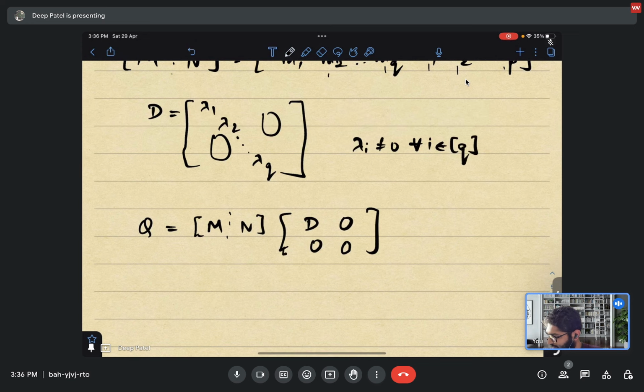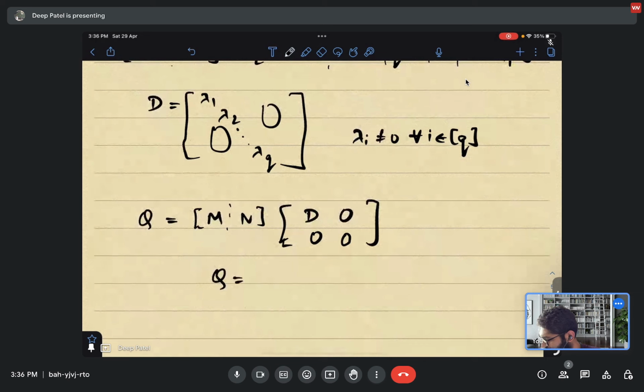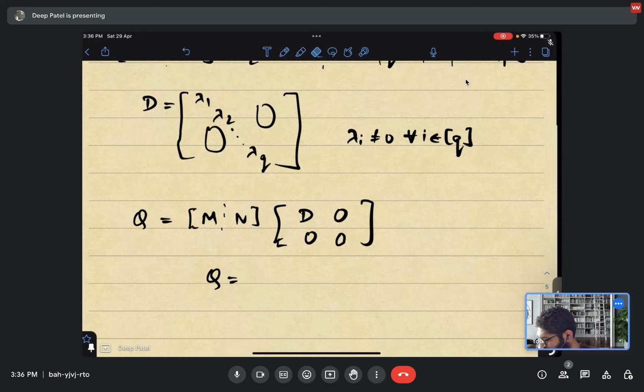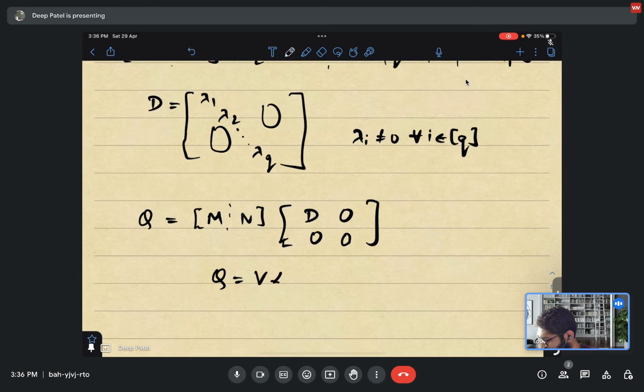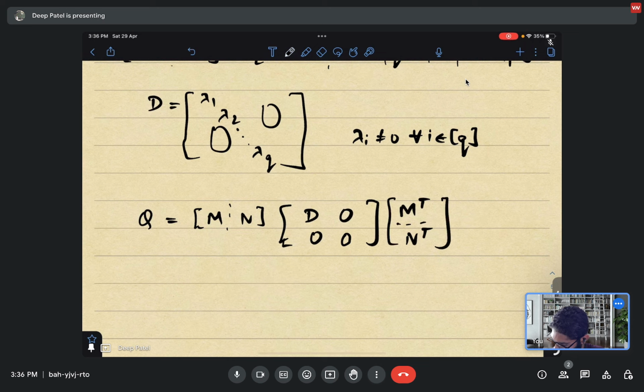Right, so all that I'm doing is rewriting Q as V lambda V transpose. That's my eigenvalue decomposition. So these are the eigenvectors, and this contains the eigenvalues as a diagonal matrix. I've just used the eigenvalue decomposition, and why?